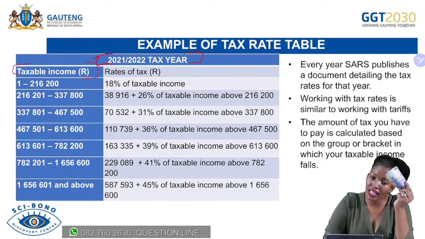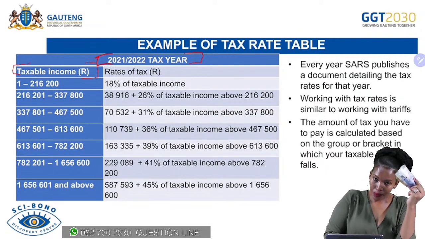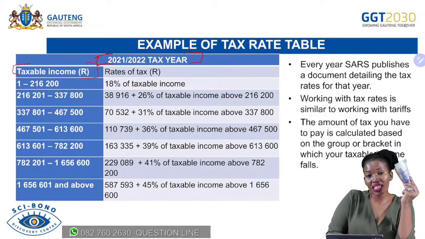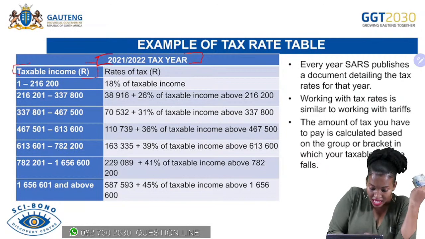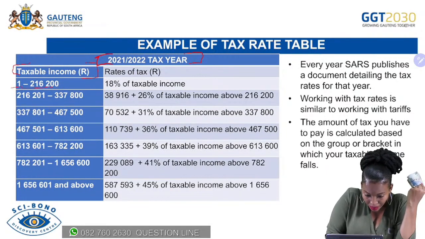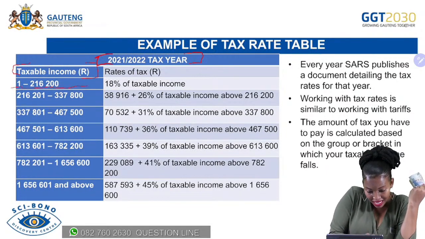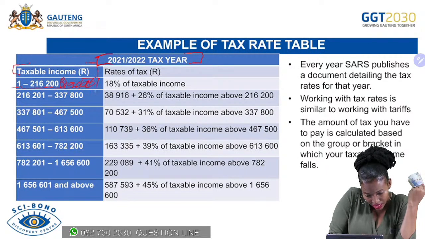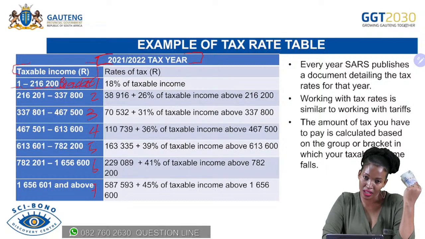This taxable income helps us to check under which tax bracket this person is going to fall. What is the tax bracket? We call this a bracket. So this would be bracket number 1, this would be bracket number 2, this is bracket 3, bracket 4, bracket 5, bracket 6, up to bracket number 7.